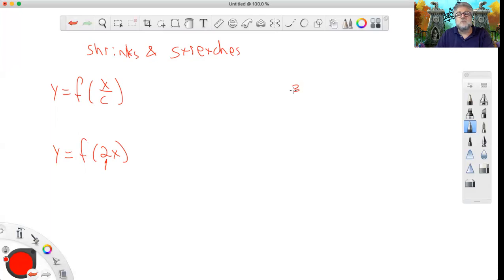If I have something like 3 over 1/7, and how much do we enjoy a fraction in the denominator? Yeah, like not at all, right? So the way you get rid of a fraction in the denominator is you multiply by the reciprocal. I'll multiply by 7 over 1, and I'll do the numerator 7 over 1. Cancel, cancel, cancel, cancel. So we end up with 3 times 7 over 1, or 21.